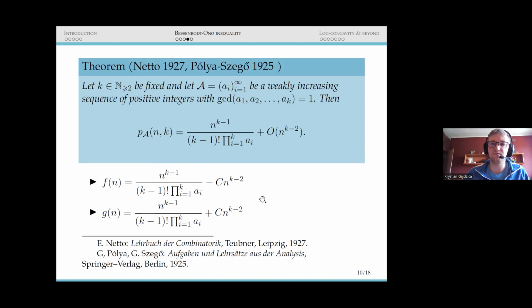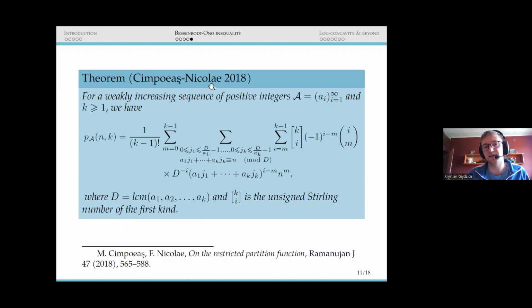And in order to find this constant, we may apply, for example, the theorem of Komatsu and Nikolaev from 2018, which gives us an explicit formula for the restricted partition function. As we see, it is quite a complex formula.